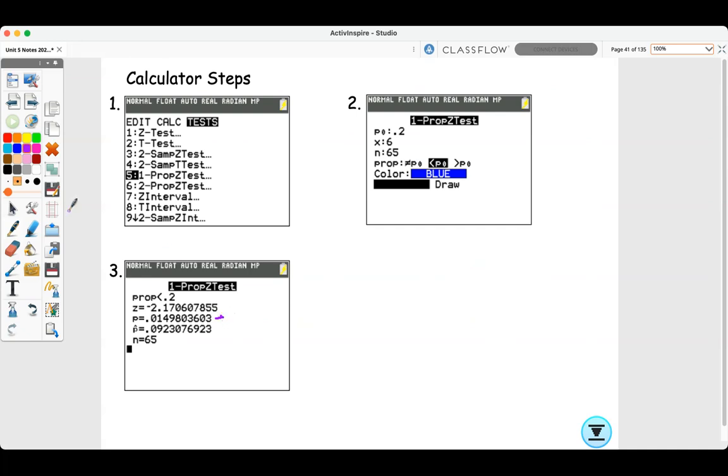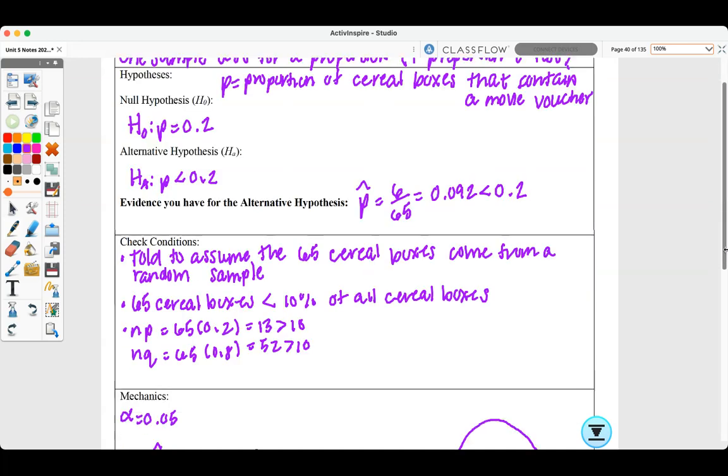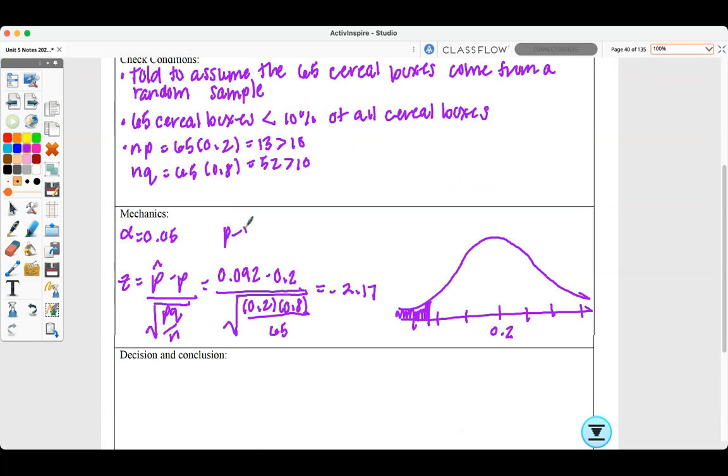Our p-value is 0.01498. And that's the area underneath here. And what this means is the likelihood of getting a sample result in that extreme is given if our null hypothesis is true, okay?